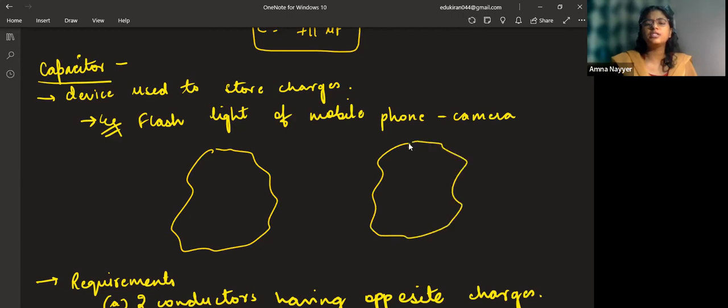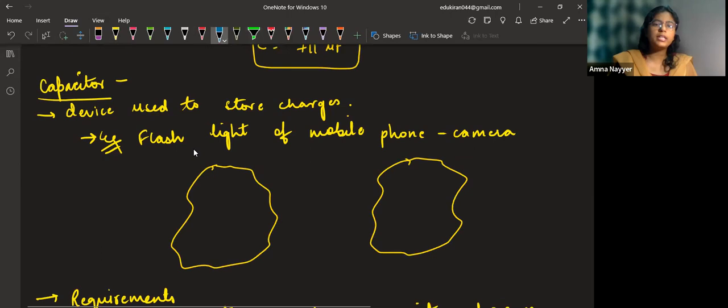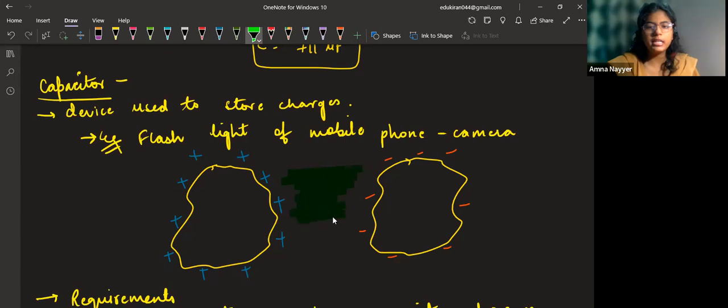Make one of the conductors positively charged and the other negatively charged. So two conductors of opposite charges. One more thing is left: an insulating medium in between.